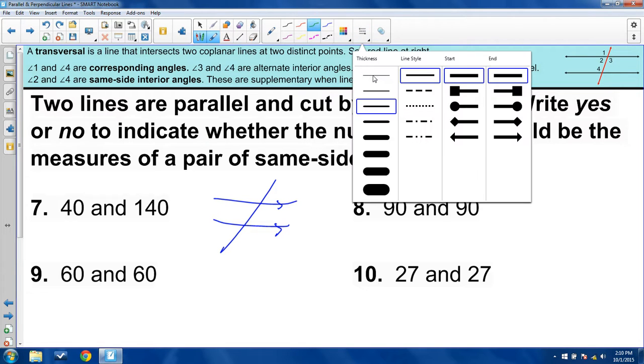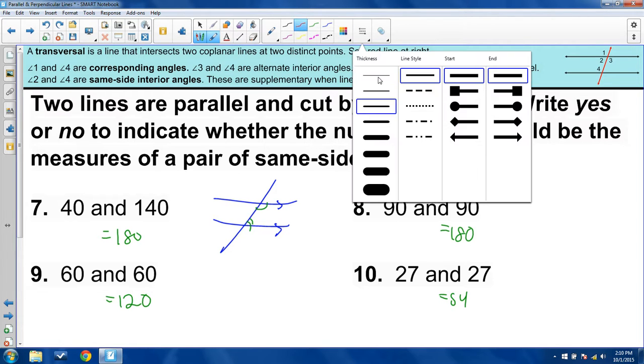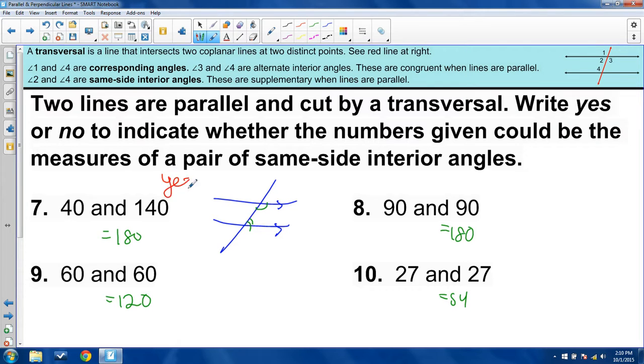Like I've just been mentioning, same side interior angles, like say this one and this one, have to be supplementary. They have to add up to 180 degrees. So basically add up 7, 8, 9, and 10 and decide which ones add up to 180. 7 and 8 do. 9 and 10 do not. So 7 and 8 are yes. 9 and 10 are no.